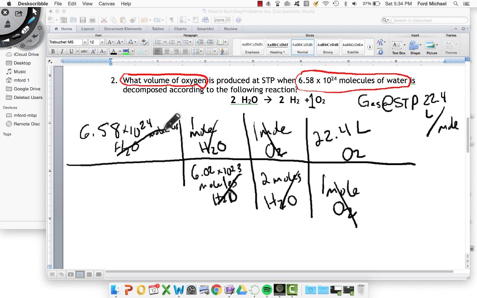Go ahead and pause this for a minute right now and work through the math. If you do so, 6.58 times 10 to the 24th times 22.4 divided by 6.02 times 10 to the 23rd divided by 2, I get 122.4 liters of oxygen gas.